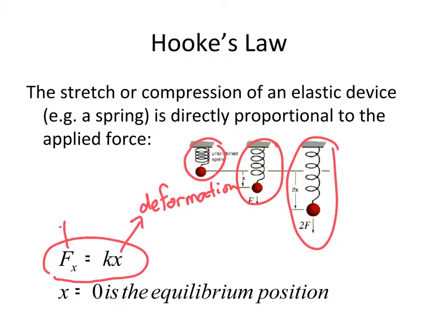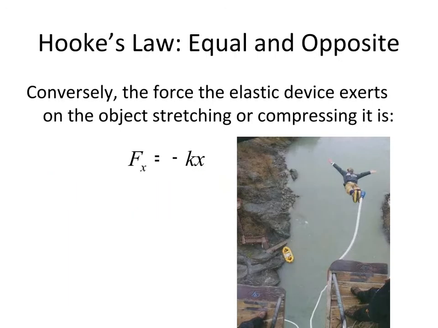So there's the force exerted on the spring. Where x equals 0, the deformation is 0. That's called the equilibrium position. Conversely, the force that the elastic object or device exerts on the object, stretching it or compressing it, is equal to negative kx.